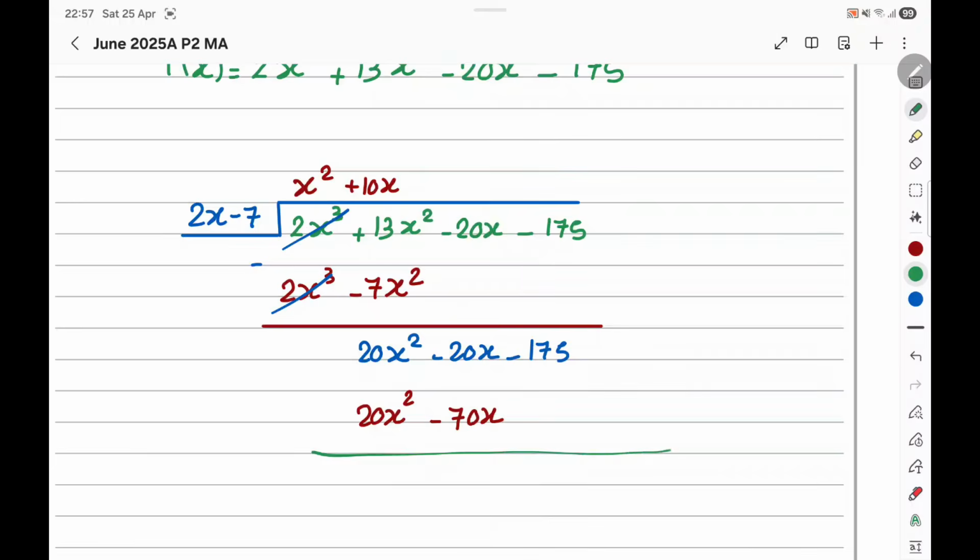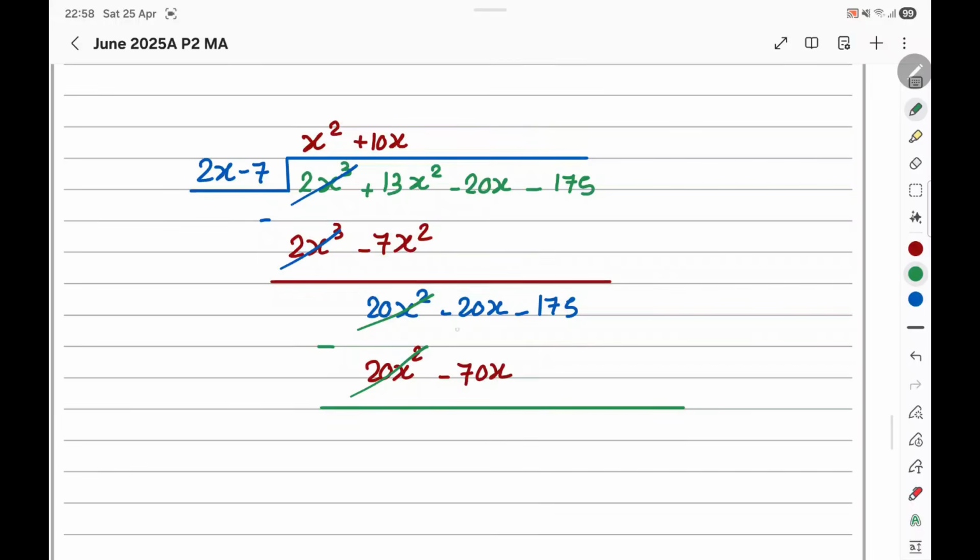Then subtract. 20x squared minus 20x squared is 0. Negative 20 minus negative 70, minus negative is positive, so 50x minus 175. Divide 50x by 2x. 50 divided by 2 is 25. This is the quotient.